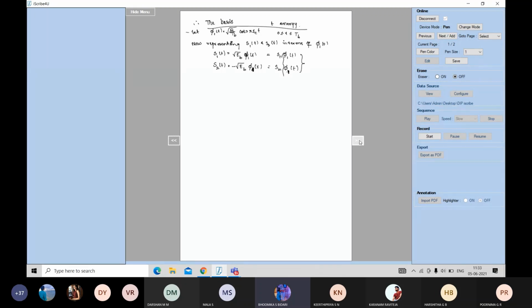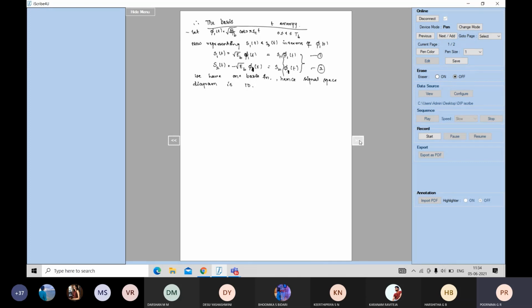So when you observe equations 1 and 2, we have only one basis function, hence the signal space diagram is one dimensional.